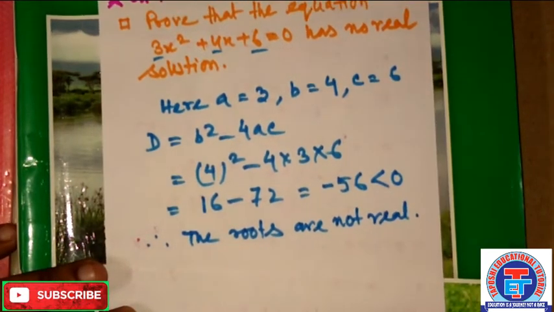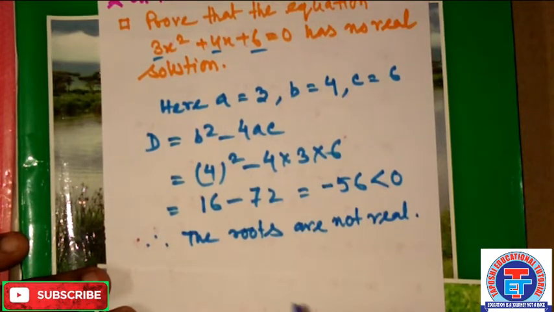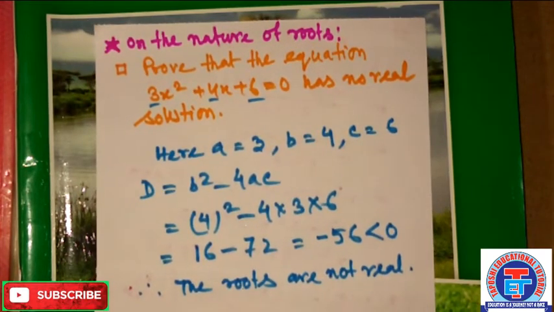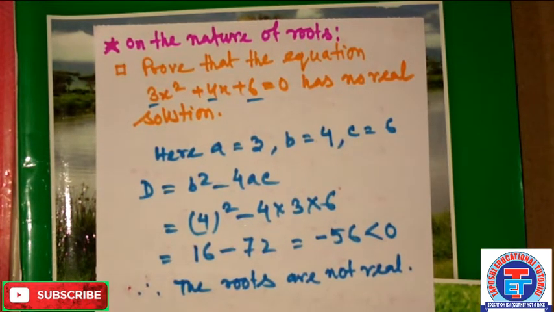Okay, we already read and understood the nature of roots, where we said D less than 0 means the nature of roots of ax square plus bx plus c is equal to 0 is not real. Okay, and there is no real value of roots. So this is the solution regarding this problem. Hope you understand very well.